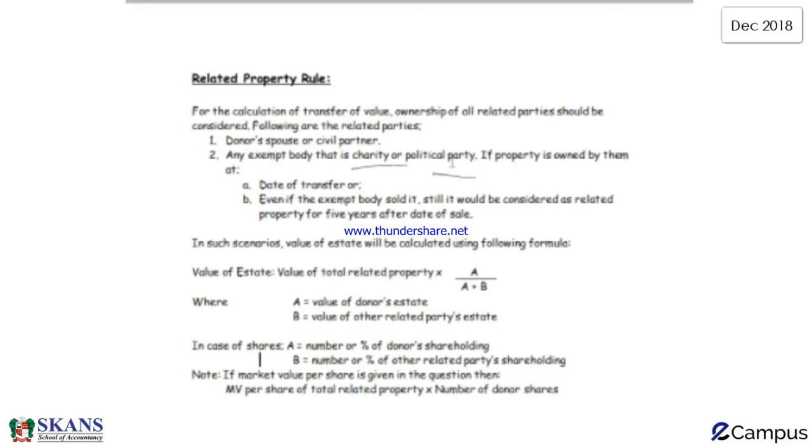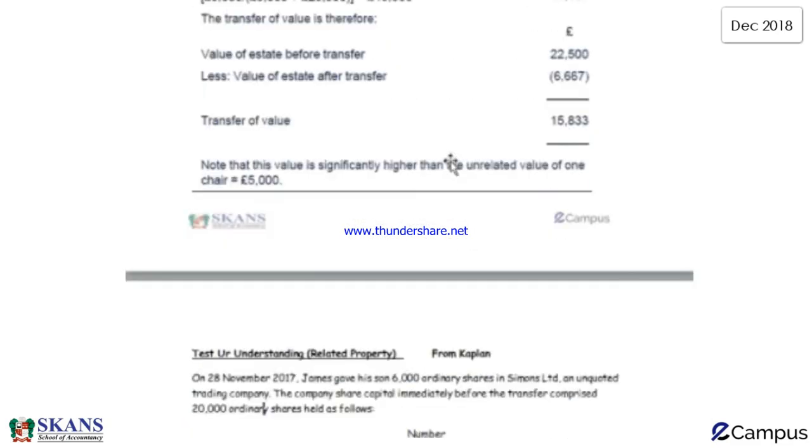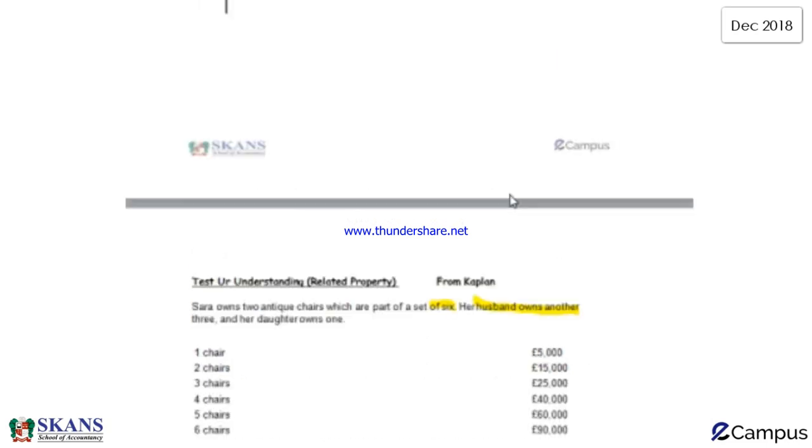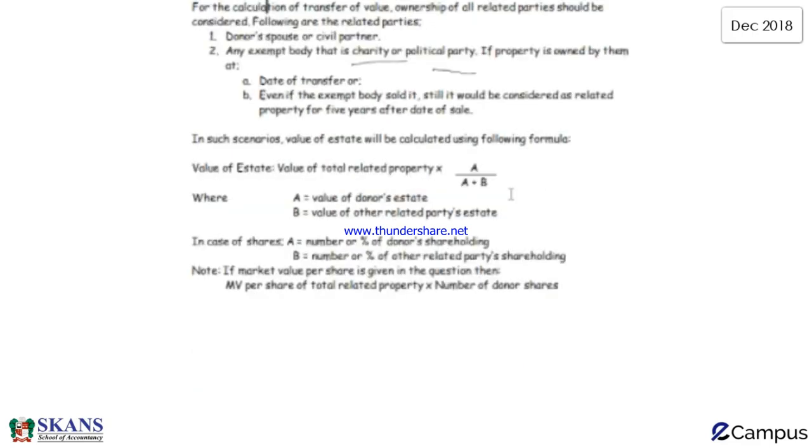If Sarah had owned a few shares over here, as well as her brother or her nephew or anyone other than her civil partner, spouse, or any exempt body, we would not have been applying the related property rule to calculate transfer of value. But whenever we know that our client owns a few units and her spouse or civil partner owns a few units, in that case we will be using the formula for calculation of value of estate.